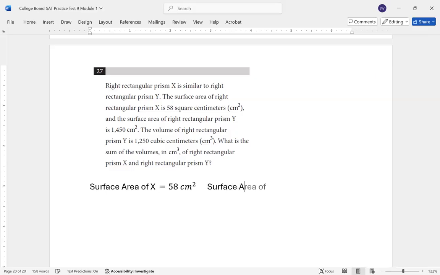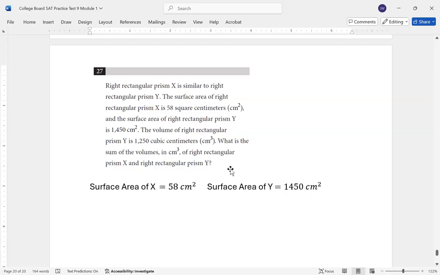The surface area of Y is equal to 1,450 centimeters squared. Now, this is in surface area, and I want to talk about the ratio of lengths of the sides versus the ratio of the area versus the ratio of the volume.